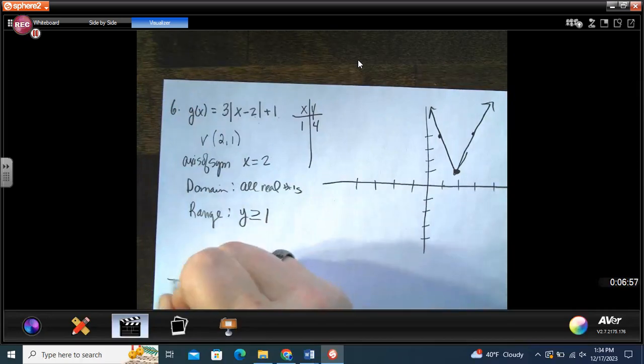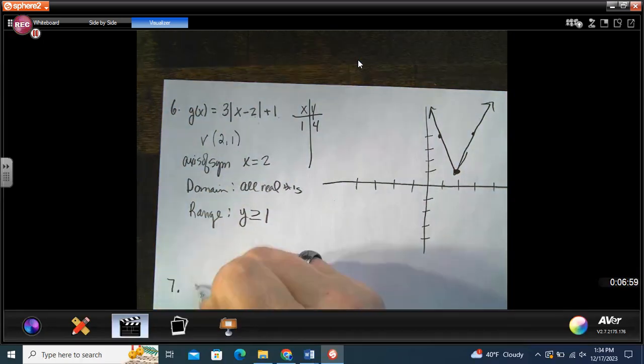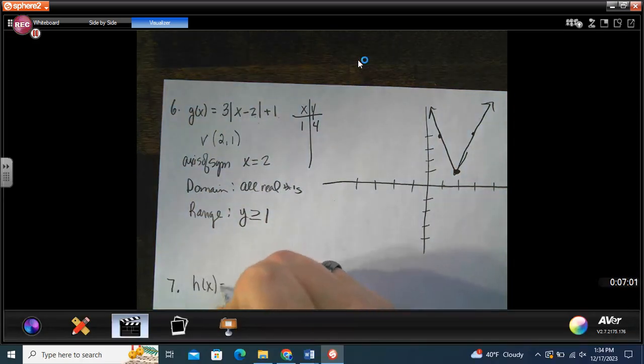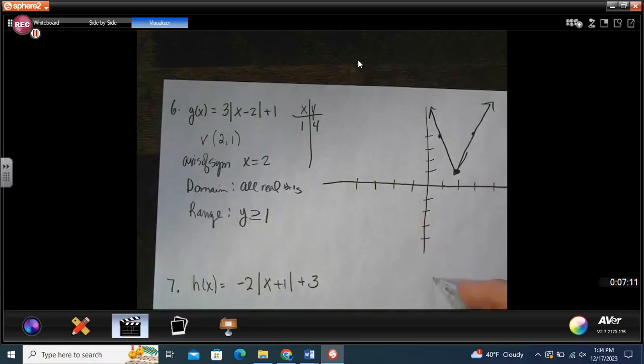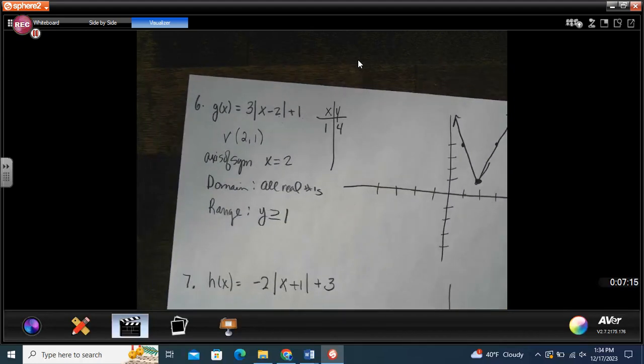Number 7 is h of x equals -2, going to open down, times the quantity x plus 1 plus 3. So my vertex is at -1, 3.